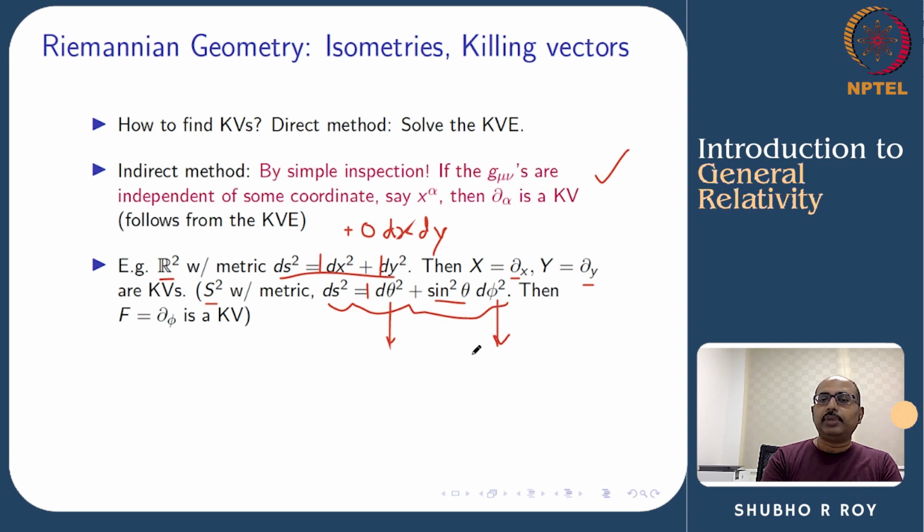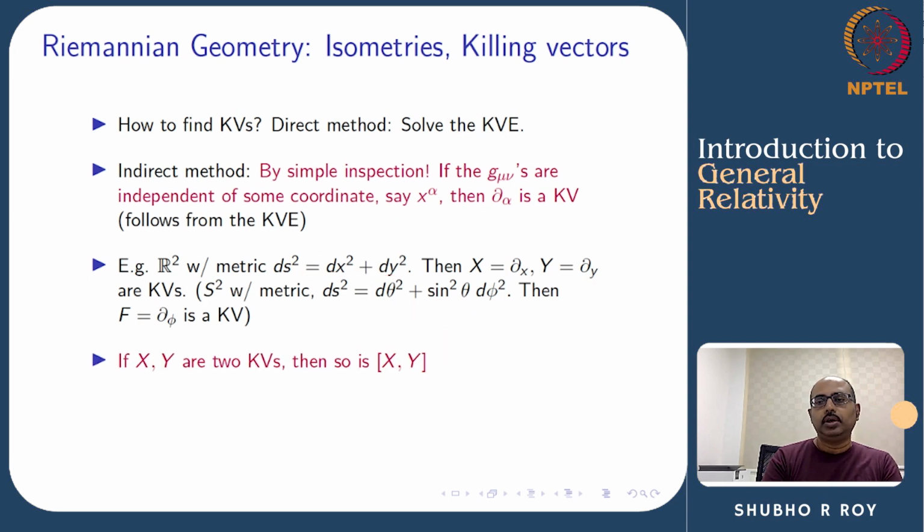None of these metric components contain any dependence on phi, the longitude. Hence, F, which is given by del phi, is going to be a Killing vector. One can easily check that, because none of the three metric components depend on phi.